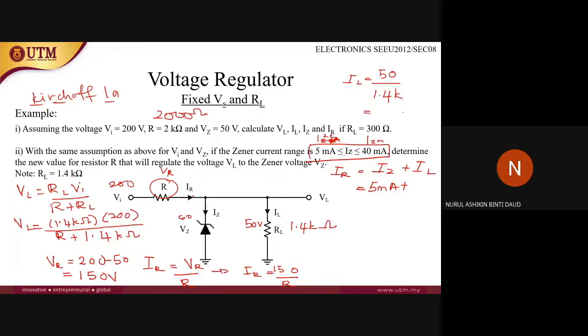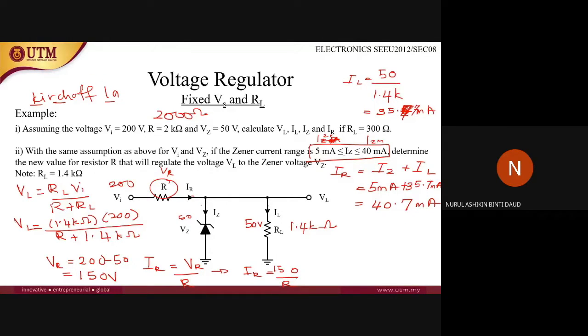You will get 35.7 milliampere. So the value of IL is 35.7 milliampere. Then from here you know the value of IR: you have to add these two currents. So you will get a current of 40.7 milliampere.